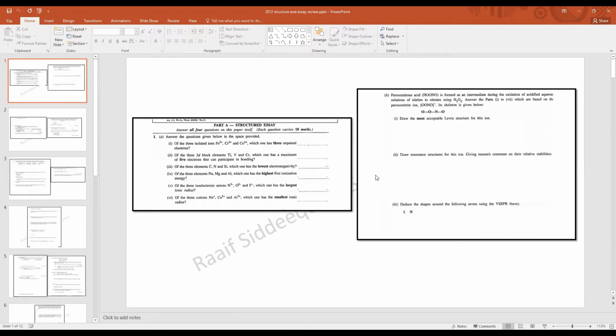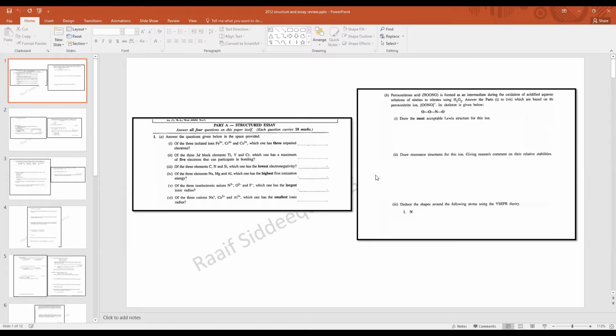But here, remember, the structure given is like this, where the nitrogen is only connected to two oxygens and one oxygen is connected to another oxygen. This is the place where it becomes peroxo, because here it does not contain oxide, it contains peroxide, for example.